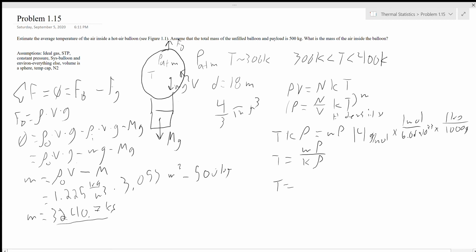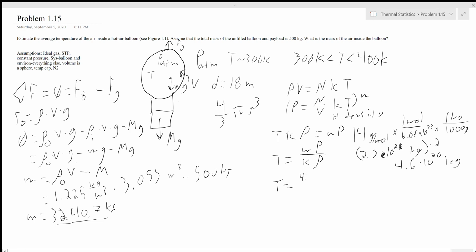Get rid of the grams and moles, leaving just kilograms. And so that gives me 2.3 times 10 to the 23rd. However, sorry, not 23, 26 kilograms. However, it's N2, so I need to multiply this by 2, which gives me 4.6 times 10 to the 26 kilograms.